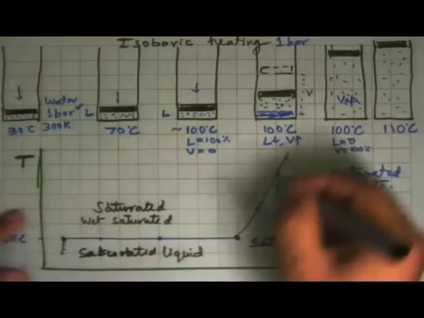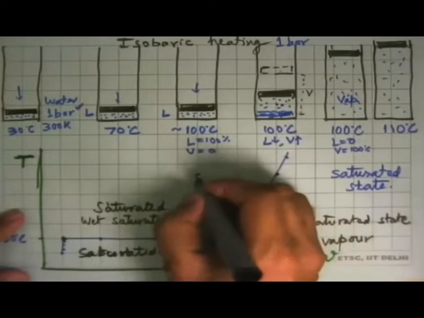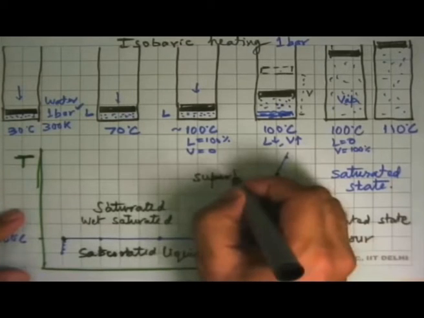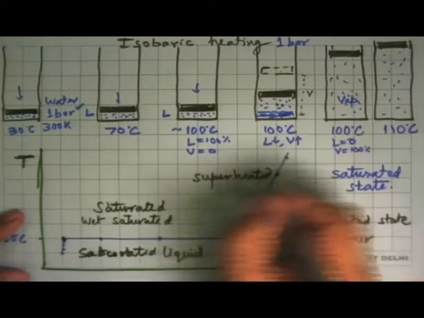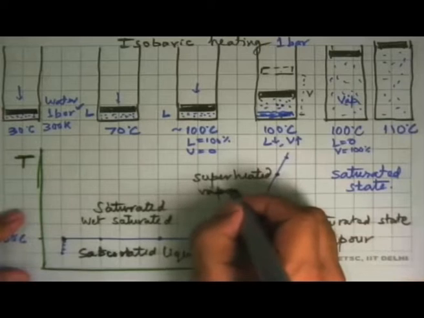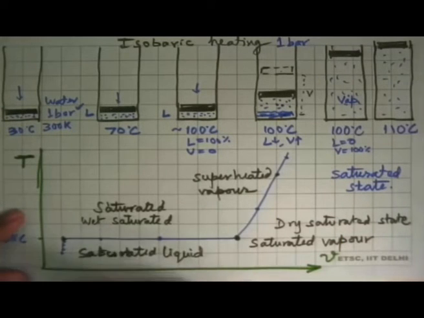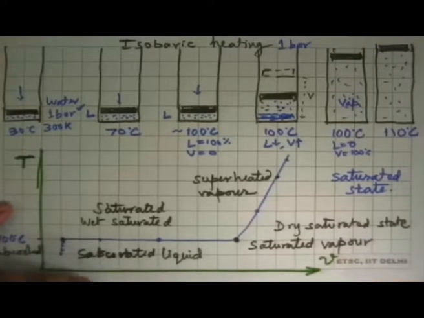And here, all these states, this substance is said to be a superheated vapor, and these states are called either a subcooled liquid or a compressed liquid.